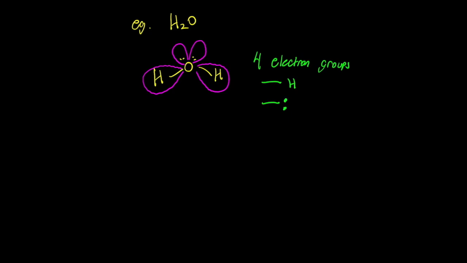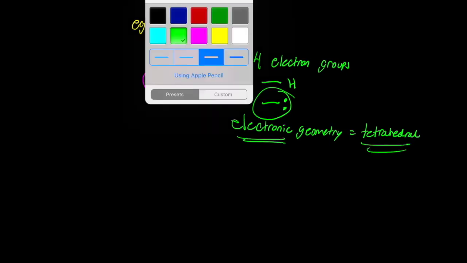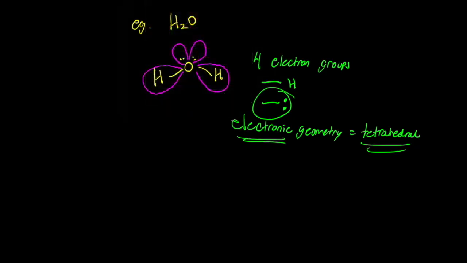So 4 electron groups is going to tell us, because you're counting the electrons, it's called the electronic geometry, and that's tetrahedral, right? Tetrahedral. If you could view the electrons, it would be a tetrahedral geometry. Now what we do is we take a needle and we pretend like these are balloons and we pop those two. What is the molecule going to look like?